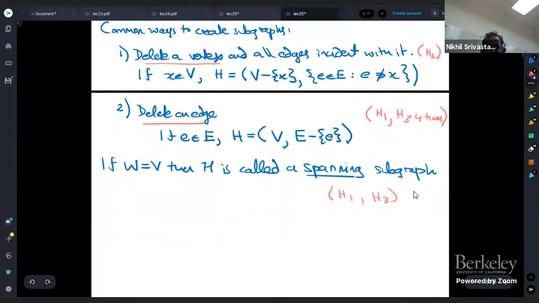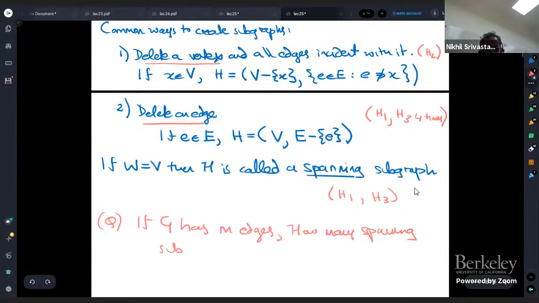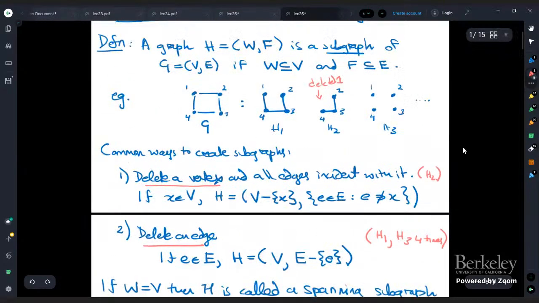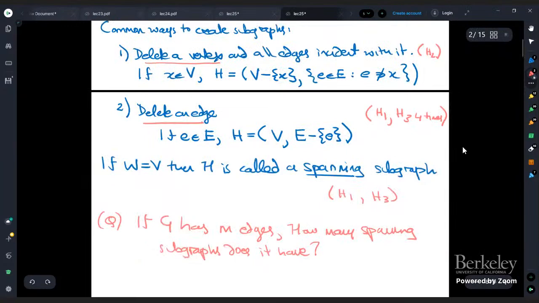So by the way, just to make sure we understand this concept, if a graph G has m edges, how many spanning subgraphs does it have? Any thoughts on this? Wait, doesn't it depend more on the vertices than the edges?